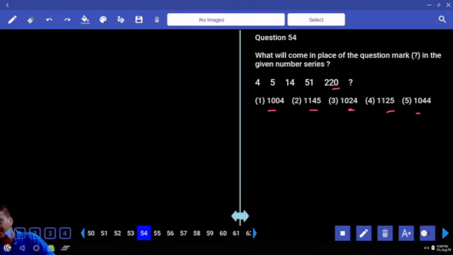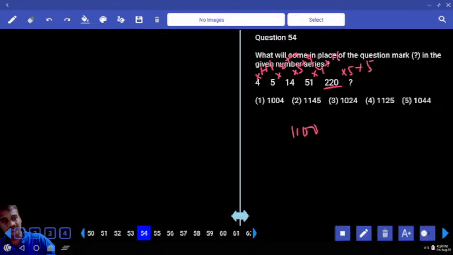Hence it comes under product or combination. Product is not possible between 4 and 5. Hence combination: 1 into 1 plus 1, 2 into 2 plus 4, 3 into 3 plus 9, 4 into 4 plus 16, 5 into 5 plus 25. Now 220 into 5 is 1100. 1100 plus 25 is 1125, choice 4.